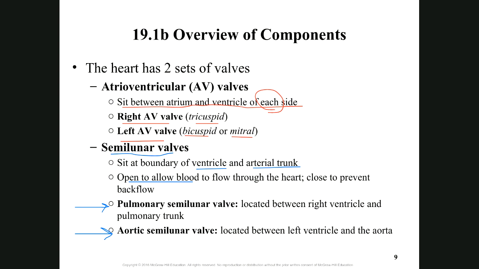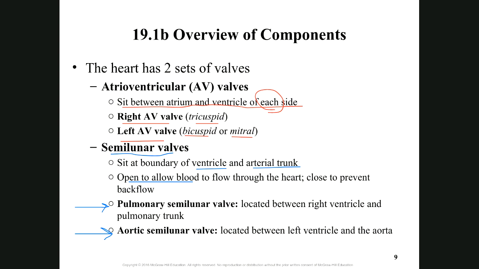And you need to know that the sound of our heart is due to closure of the valves. I will talk about it in the physiology of the heart, but now you can only think about it. The closure of AV valve makes the first sound of our heart, which we call lub, and the closure of semilunar valve makes the second sound of our heart, which we call dub.